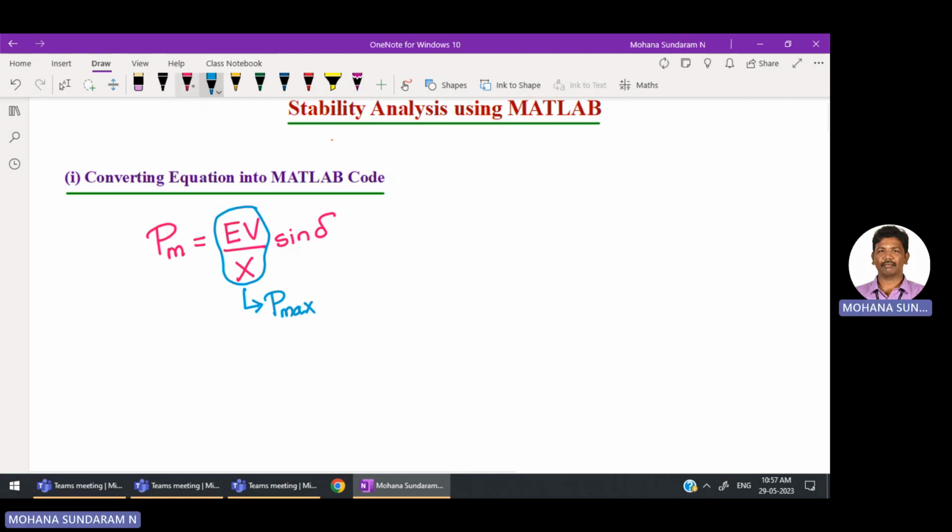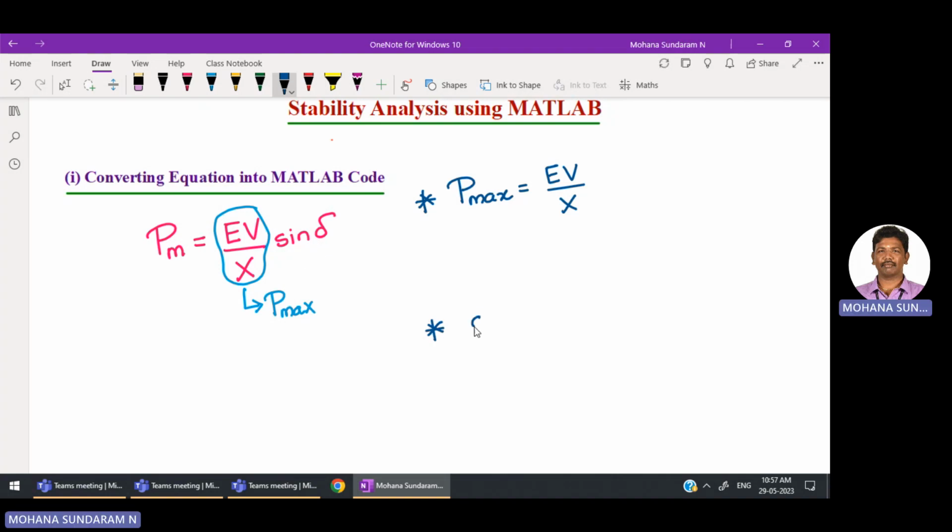So from this, I am getting two equations. One is P max is equal to E V divided by X. This is the first equation. Now, the second equation: I want this delta.